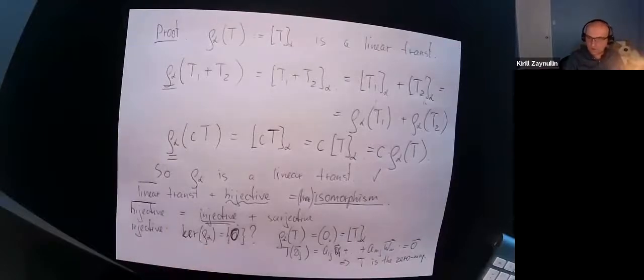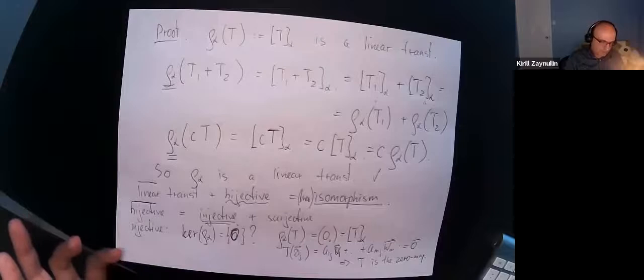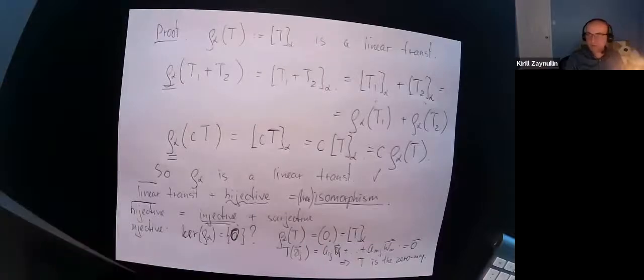Now, to see that this is surjective, basically what we are asked to do is, given any matrix, any table, to construct out of it a linear transformation. But what is this transformation matrix telling us?